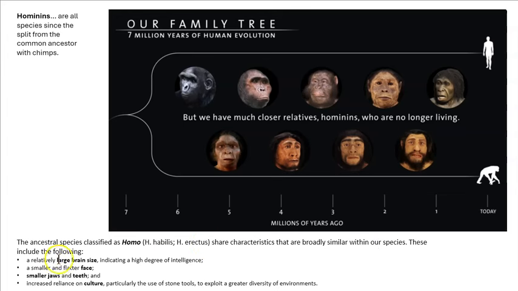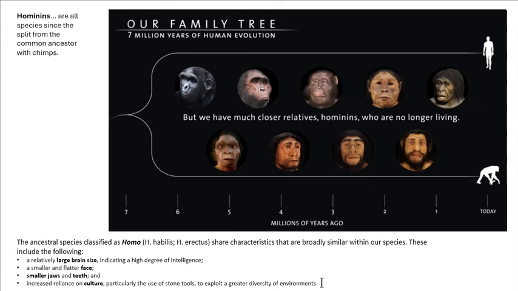They include a relatively large brain size, indicating a high degree of intelligence, a smaller and flatter face compared to, say, apes, smaller jaws and teeth, again compared to apes, an increased reliance on culture, particularly the use of stone tools to exploit a greater diversity of environments.